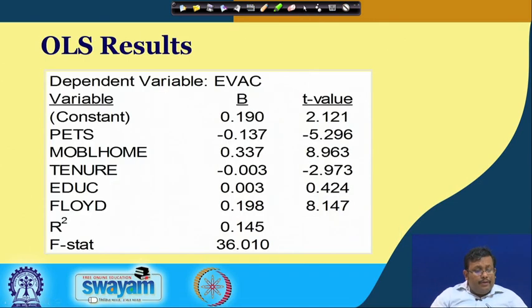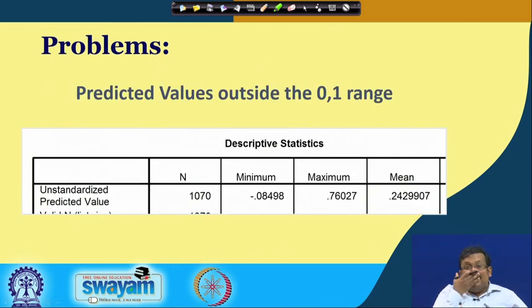So, if we use ordinary least squares regression or linear regression, ultimately we will get these coefficient values. If we use these coefficient values and create a regression relationship, we will get, for a certain number of subjects, minimum and maximum values.